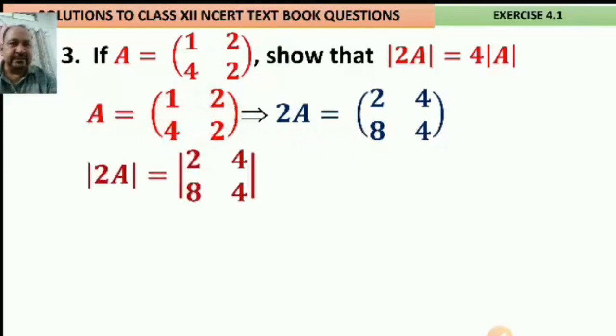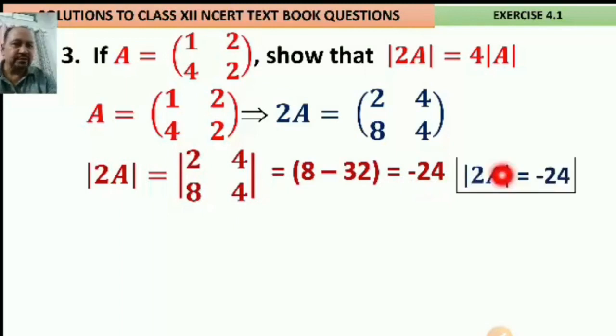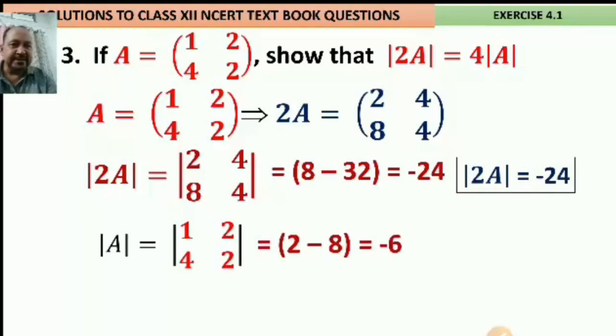Now you have to calculate the determinant of 2A. Cross multiply 2 into 8 minus 4 into 4, and you will get minus 24. It is the determinant of 2A, which is the LHS. Now calculate the determinant of A, and it will be minus 6.